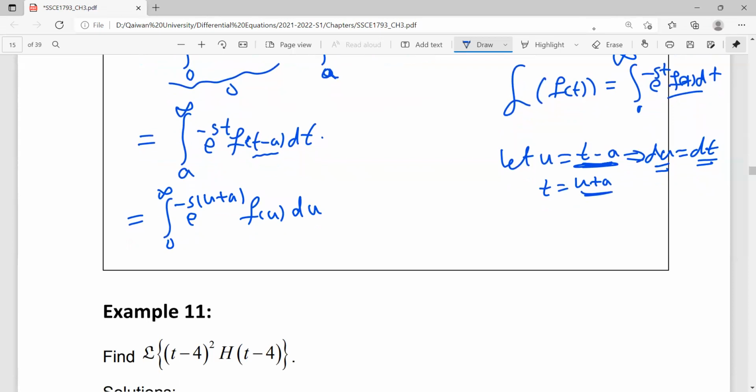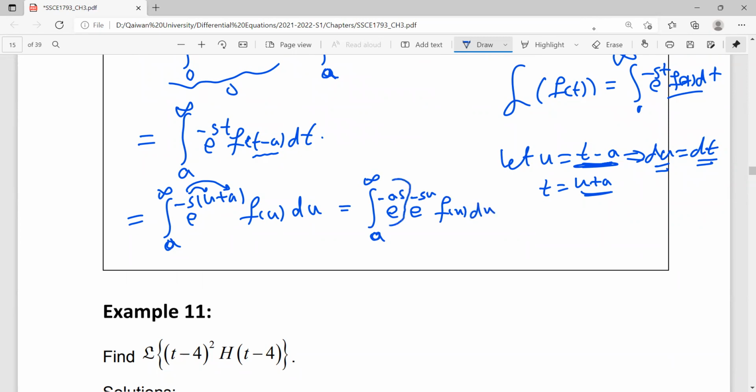And now we enter this minus s into the brackets. It becomes the integration from a to infinity, not 0, for e to the power minus as times e to the power minus su times f of u du.